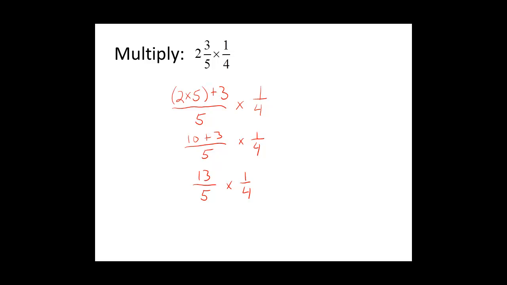We cannot divide out anything because we have a 13, which is a prime number, and there's nothing that has a factor of 13 in the denominator, and this numerator just has a 1, so there's nothing to divide out, so we multiply the numerators together and get 13, and the denominators together and get 20. So our answer is 13 over 20.